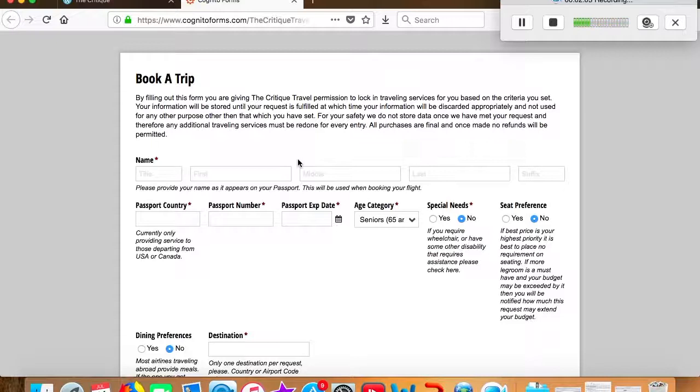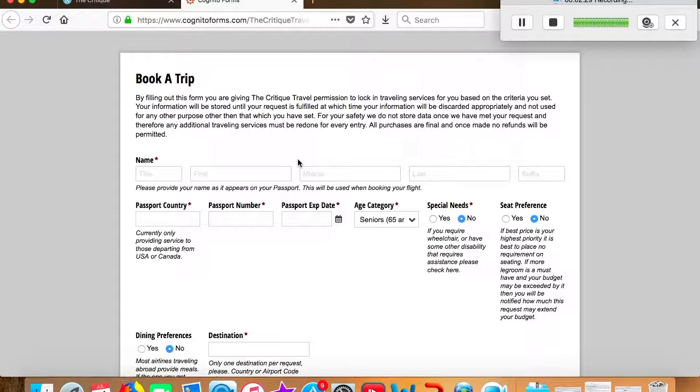Now, so that you know, if I am unable to find you the bid that you're looking for, then it is fully refundable for you to get your money back. So all is not lost. However, if I find a bid that meets your criteria and I book it, it's totally non-refundable.